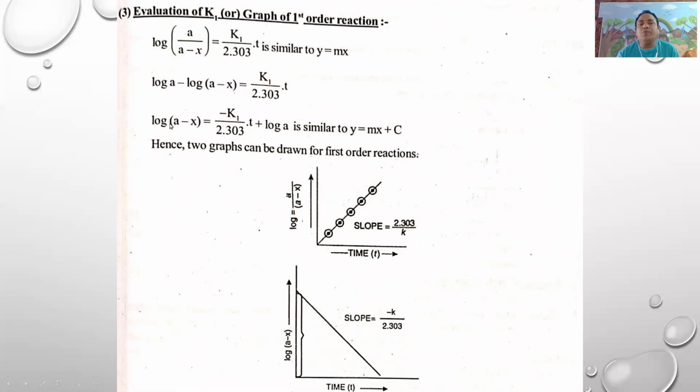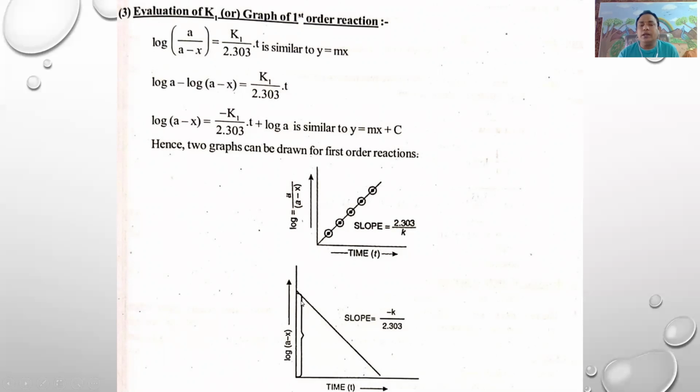While plotting the graph between the concentration of reactants, that is log A minus X versus time, the negative slope of straight line is obtained, because initially when the reaction has not started, the concentration of reactants is maximum. But when the reaction is going on, the reactants are converted into products, so the concentration of reactants gradually decreases.